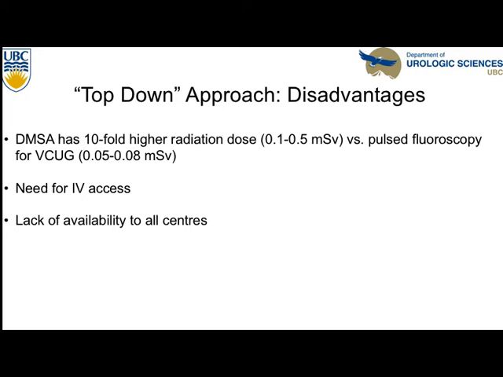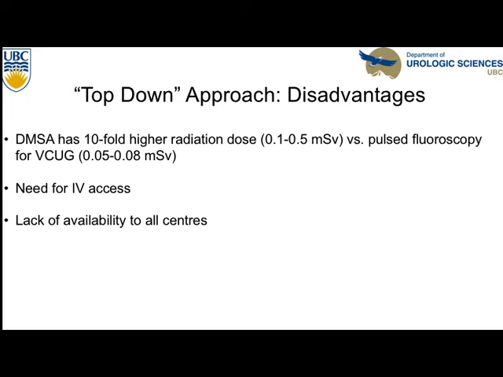You also need IV access, which can also be traumatizing to infants or kids, and there's also a lack of availability in all centers. At BC Children's, I looked at Dr. McNeely's most recent UTI workflow and guideline, and what they employ is a modified top-down approach, doing imaging first as well with an ultrasound or VCUG, and then going about afterwards.